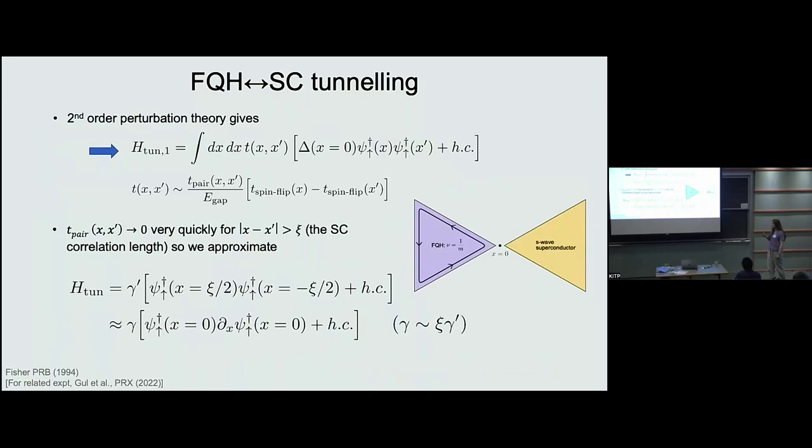So if we just do perturbation theory, what we find is something of this form here, where this hopping T_xx' is proportional to both the spin flip as well as that Cooper pair hopping, divided, of course, by some gap.